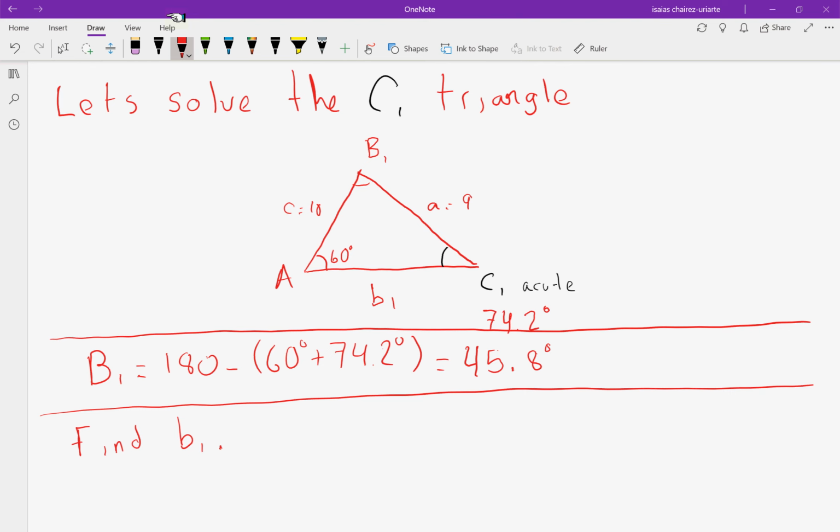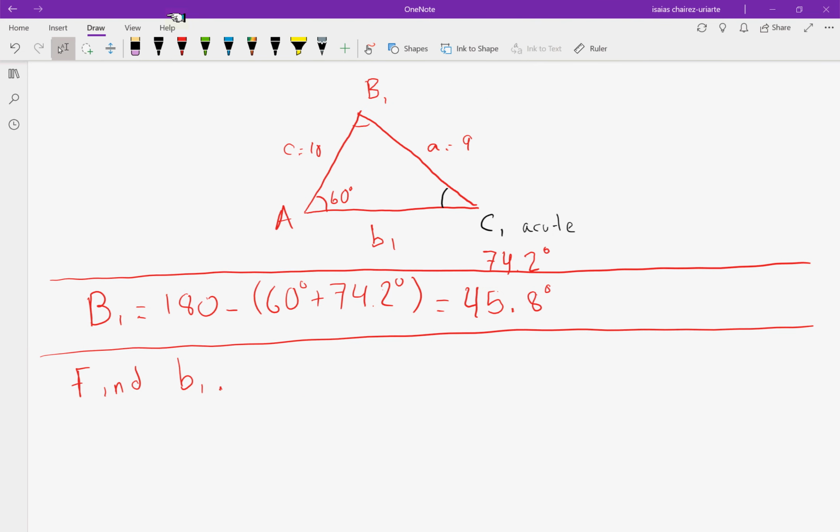All right, in order to find side length B1, I'm definitely going to have to use the law of sines now. So I'm going to say that sine of 60 over 9 is equal to sine of B1, which we know is 45.8, over, well, this length B1.